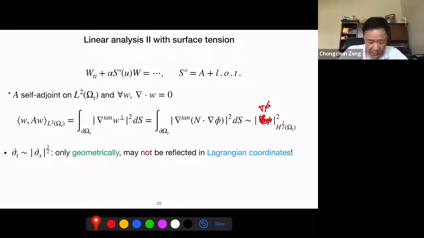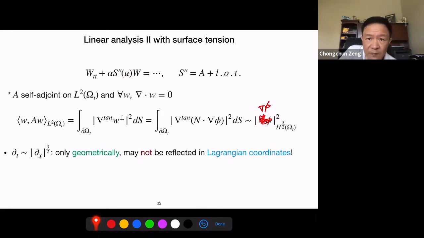And this is reasonable because this part is the part responsible for the motion of the domain. And A is from the surface area. So that is related to the variation of the surface area. So it has only something to do with the part related to the movement of the domain.